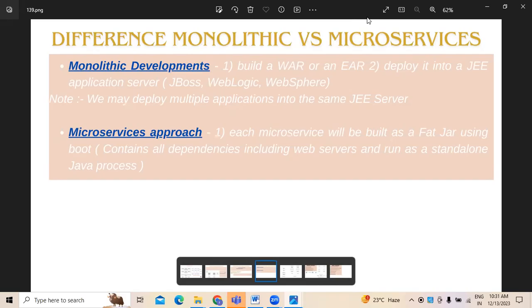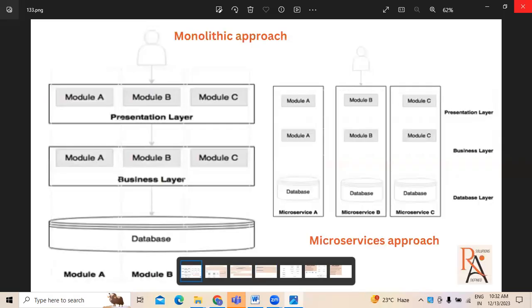So irrespective of the kind of architecture we are working on, when we are implementing microservices, the building of an application is completely confined to a particular business unit we have taken. That's how generally we relate when we talk about monolithic versus microservices.